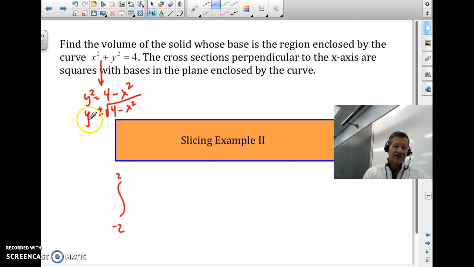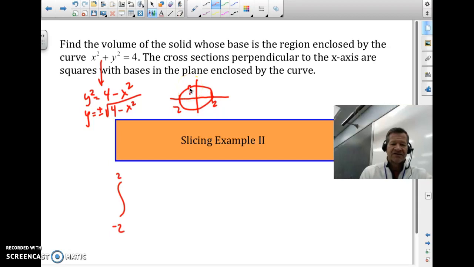So on your calculator, you could graph in y1, y equals positive square root of 4 minus x squared, and negative square root of 4 minus x squared. So what you're basically getting is the top half, the semicircle, if you will, of radius 2, and then the bottom half is the negative square root of 4 minus x squared. And we're going from -2 over to +2.